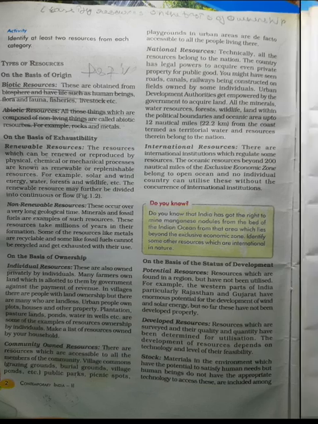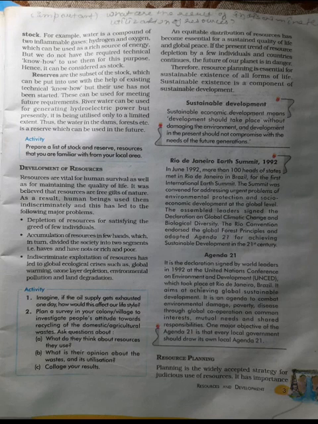Stock materials in the environment have the potential to satisfy human needs, but human beings do not have the appropriate technology to access them. For example, water is a compound of two inflammable gases, hydrogen and oxygen, but we do not have the technology to separate those gases and use them.